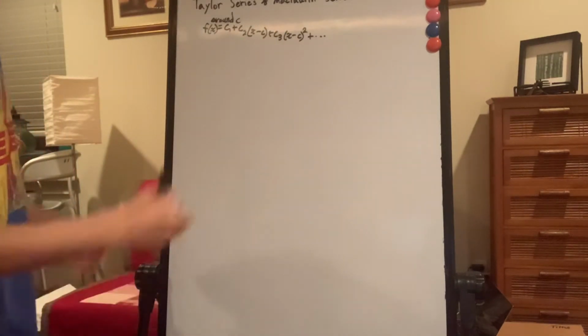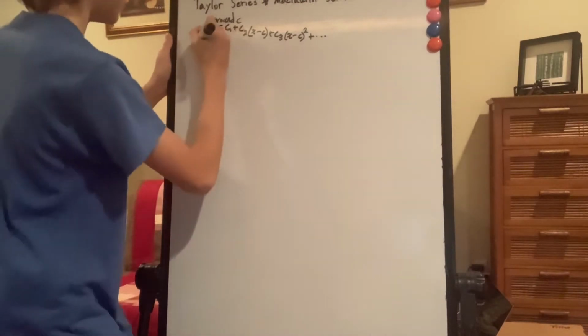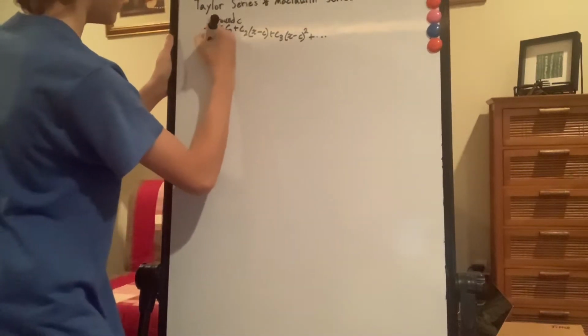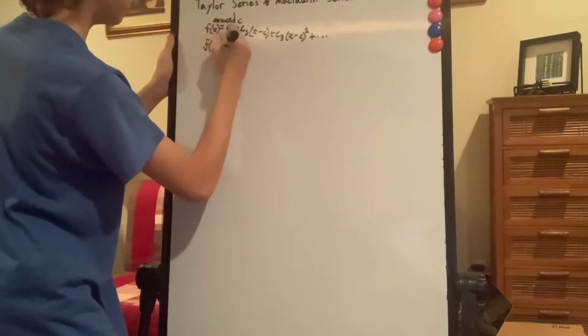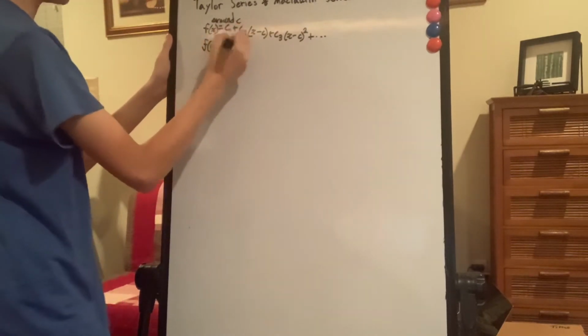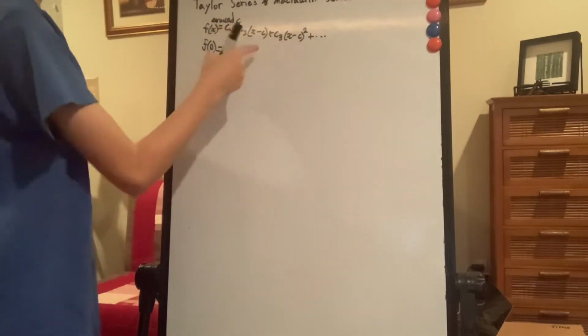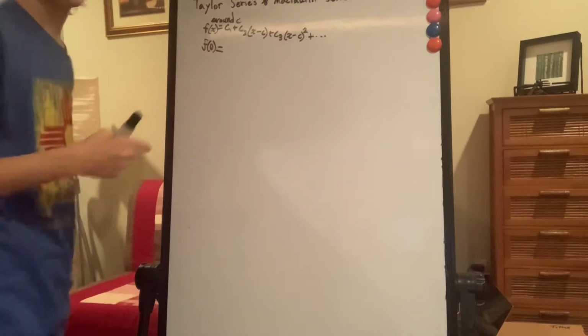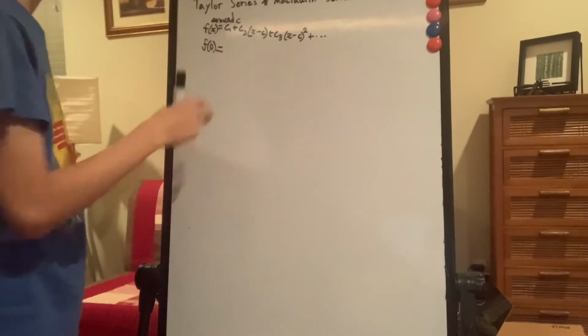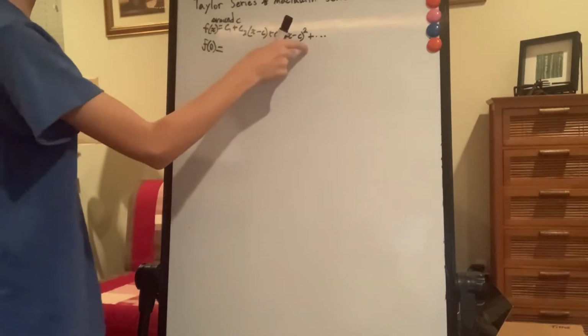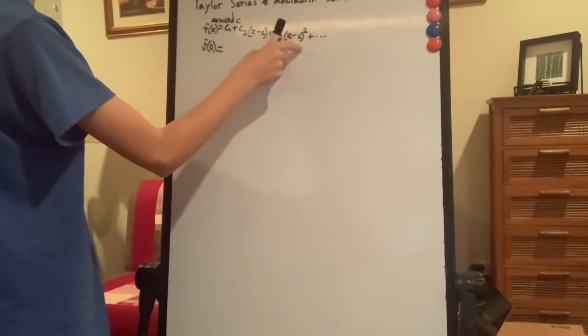Okay, so here's the idea. We need f of 0 to equal this thing. Whatever f of 0 is for our non-polynomial function, we need that to have the same value as this polynomial here, okay?